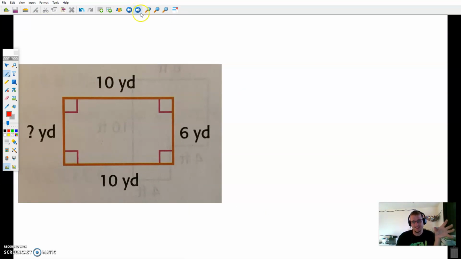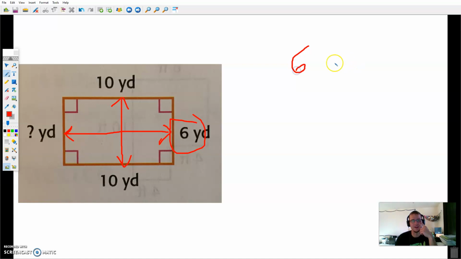What if I have a missing side? I kind of covered this in the very beginning. As long as we're talking about a rectangle here, 4 sides, we know that alternating sides are the same. So if that's 10, that's 10. If this is 6, that is what? Yeah, 6.